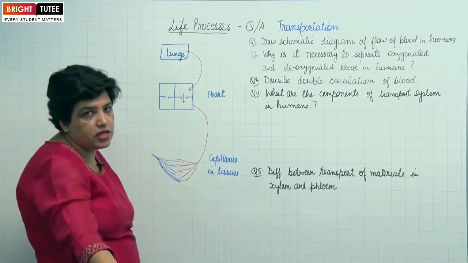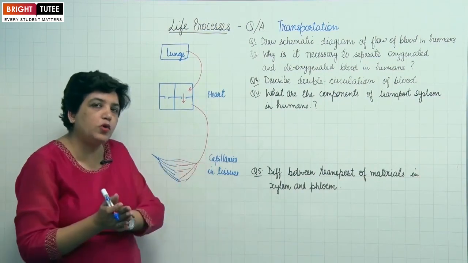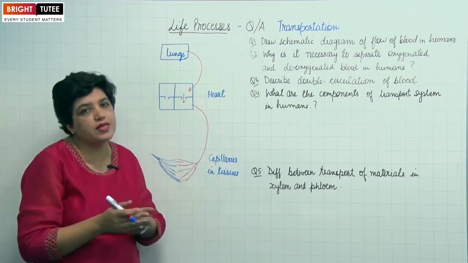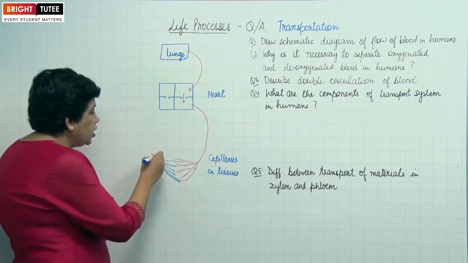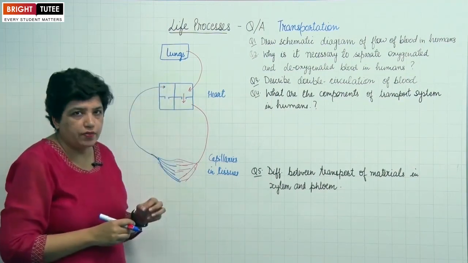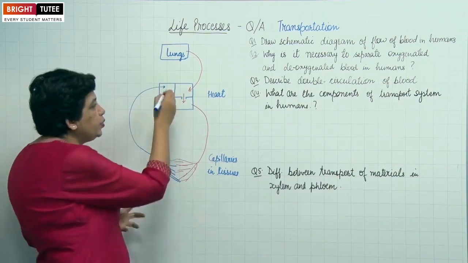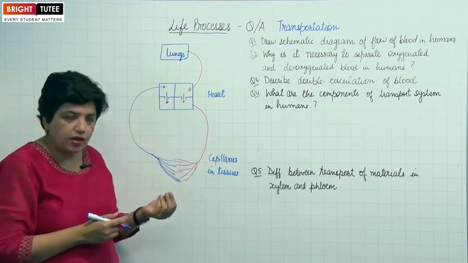Now the blood gets deoxygenated because all the tissues in the body absorb the oxygen which is required for respiration and they release carbon dioxide into the blood. So this blood becomes deoxygenated. Through the veins it is supplied to the right atrium, which is the upper right chamber of the heart. Then during contraction, this blood enters the right ventricle.